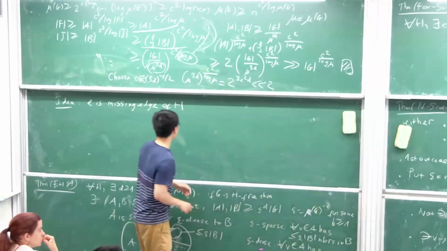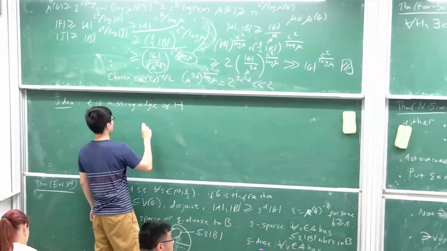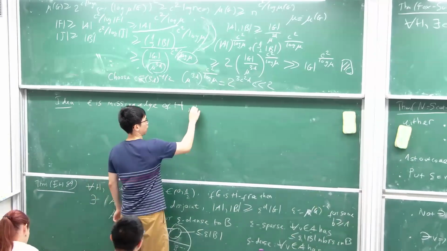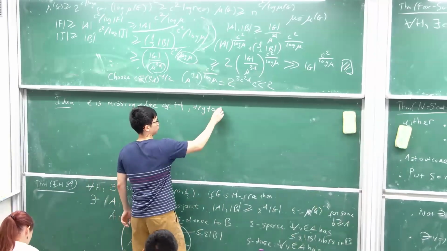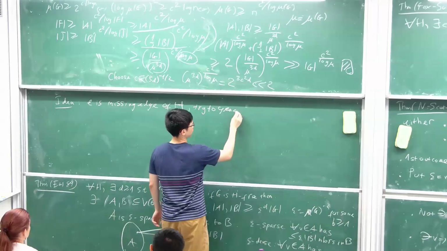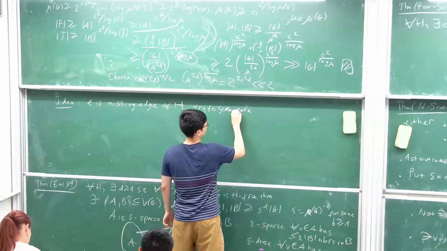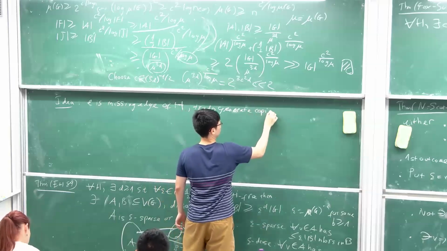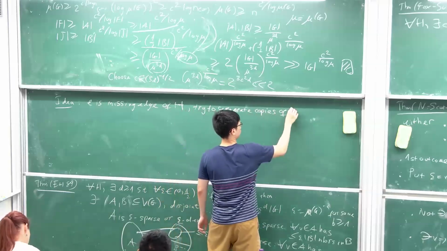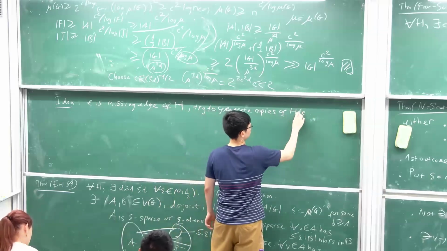But let me just go into this idea first. So let e be a missing edge of H, and now we try to generate these H plus e, or vice versa.